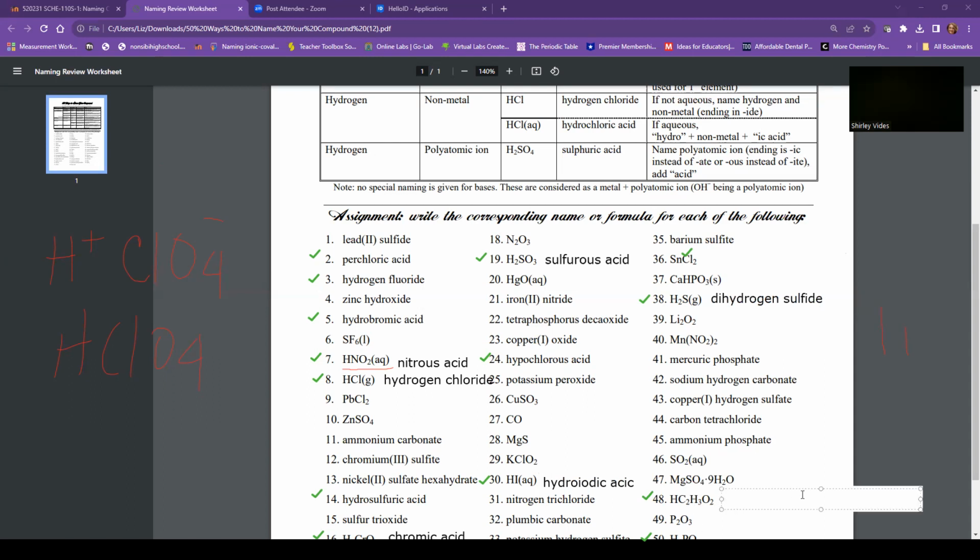What is C2H3O2? Look it up in your polyatomic ion sheet and tell me. C2H3O2. Anybody find it?